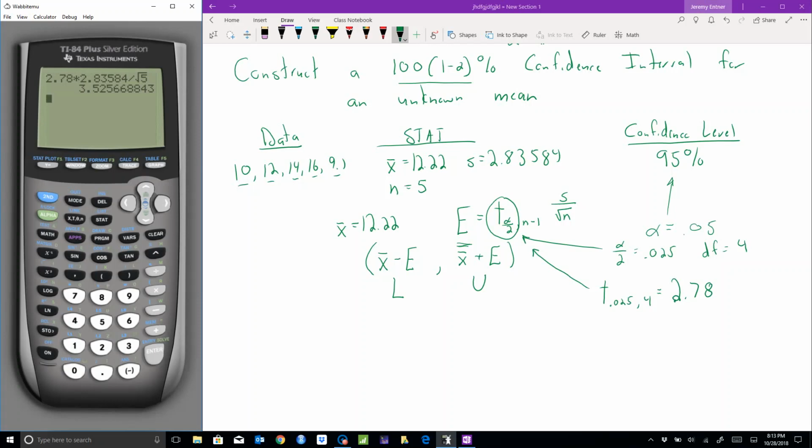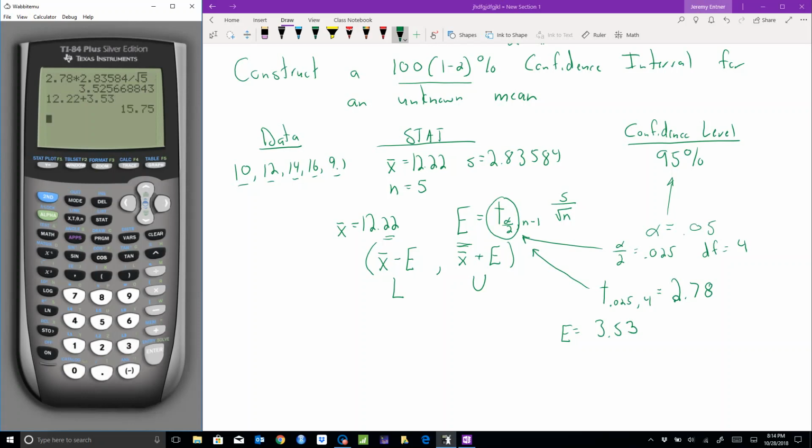So I'm going to round that to 2 spots, since I have 2 spots here. So this margin of error is 3.53. And so to get my upper value, I'm just going to add 12.22 plus 3.53.